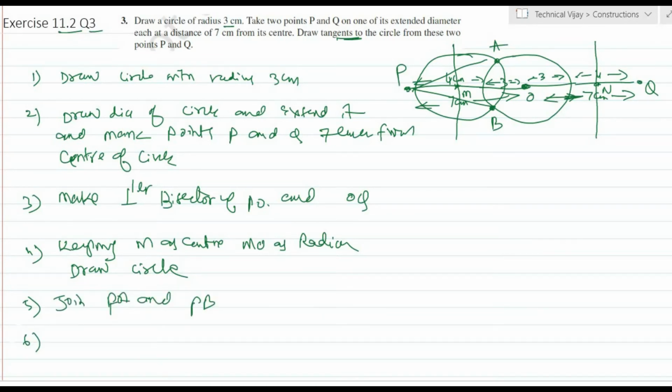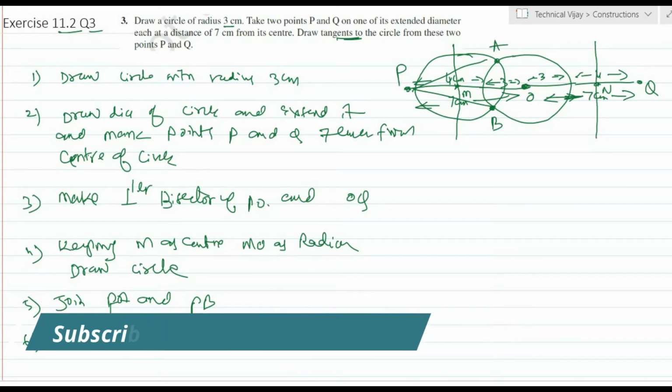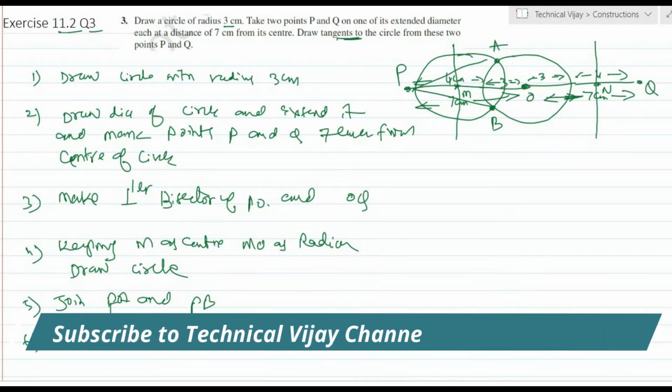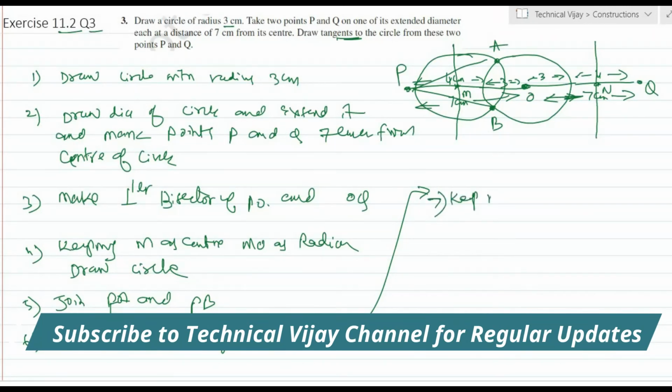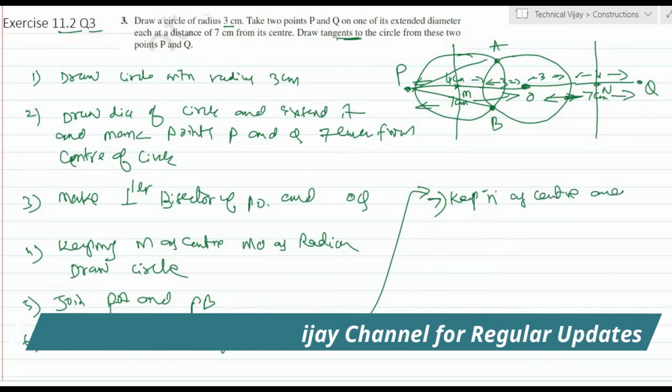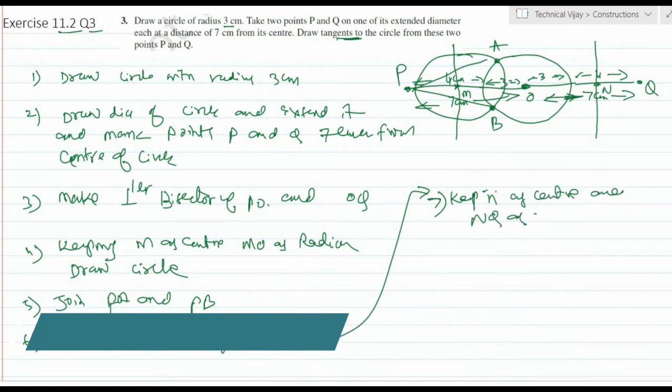Okay, now sixth step, again perpendicular bisector of OQ. So make perpendicular bisector of OQ. Here this is OQ. So again seventh, keep N as center and NQ as radius.